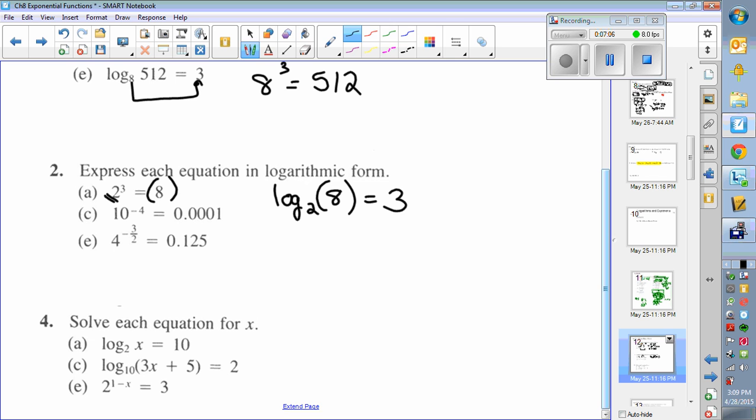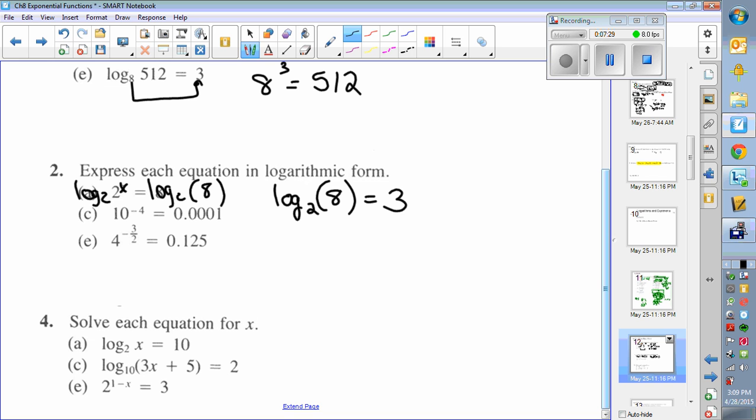Okay, so to the point in this question, if you were faced with this, and instead of a 3 you had an x here, and you wanted to know 2 to what power is equal to 8, you would take log of both sides, log to base 2 here and log to base 2 there.